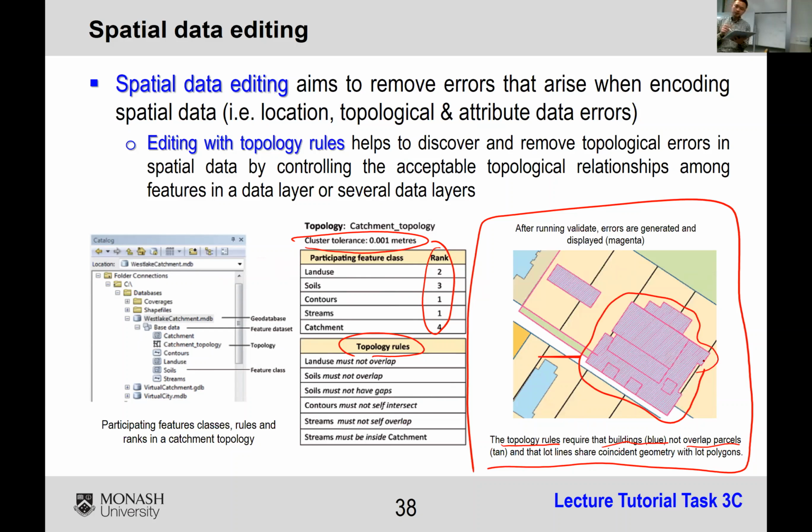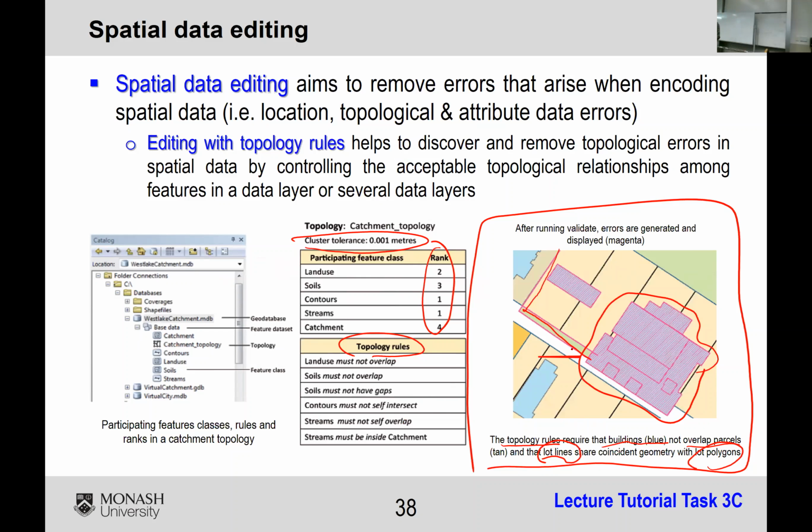Now this building is overlapping with the parcel boundary, and this should not happen. So the program will return this error and also suggest how this can be fixed. Another rule used here is that the lot line should share the coincident geometry with the lot polygon. So that's a violation here.